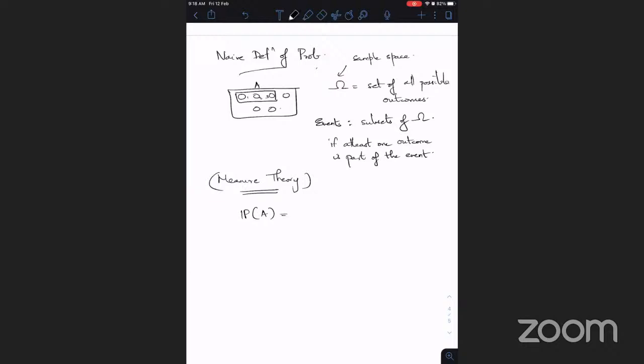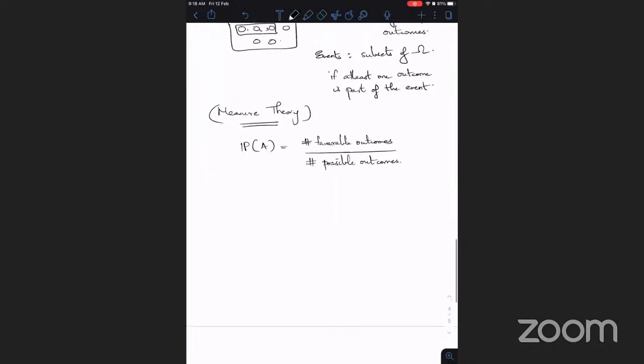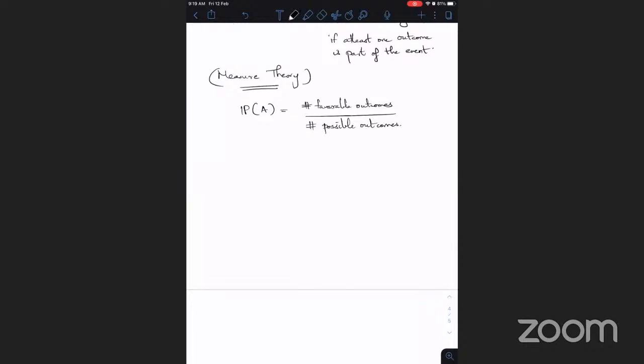And to come to the naive definition of probability, it is just the number of favorable outcomes upon the number of possible outcomes. Okay, fine.